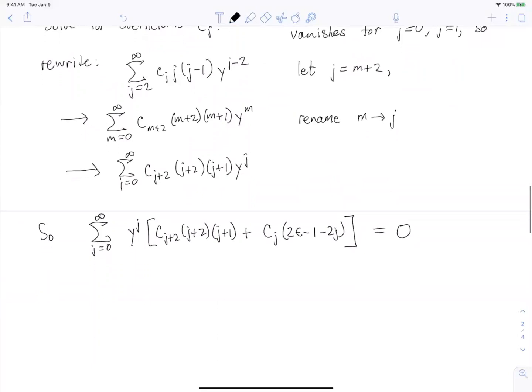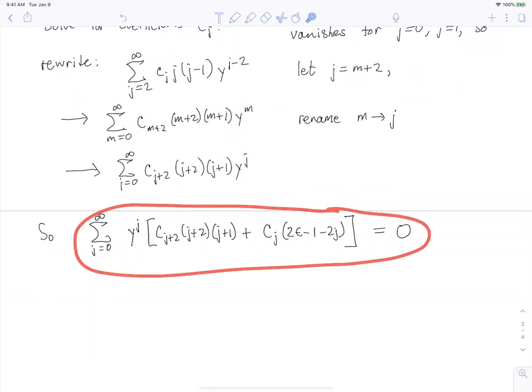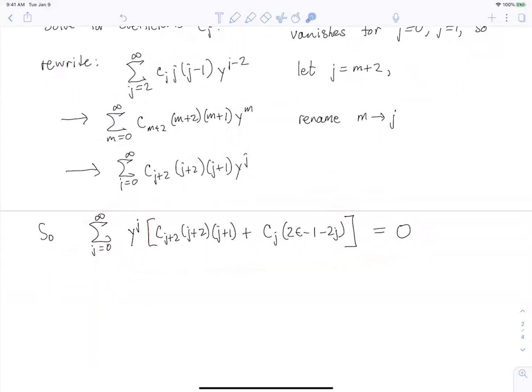Now, the big advantage of having a common factor of y to the j is this: y can be anything, so for this whole equation to be 0, it must be true that each power of y vanishes independently.